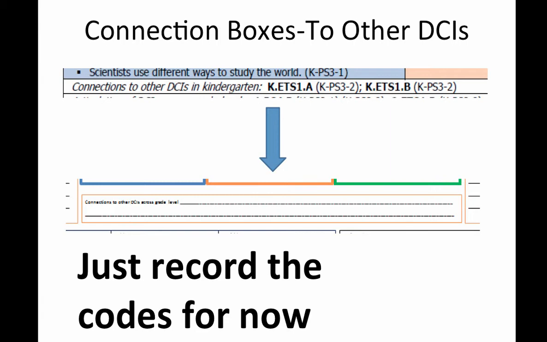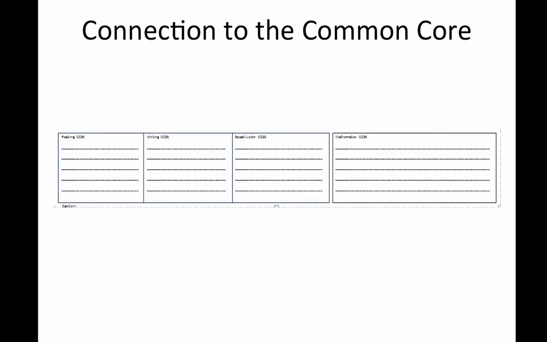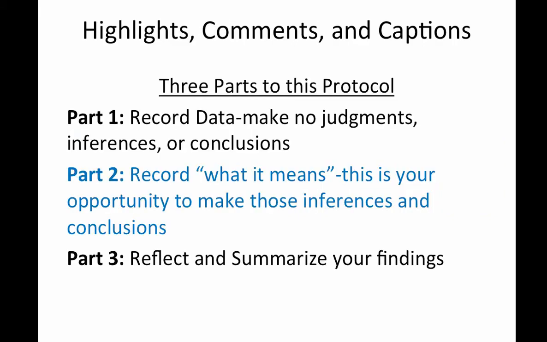At the bottom you're going to do the DCIs, and again you don't want to write down all of those connections, just the ones that connect to your specific performance expectation. You have to scrutinize this a little bit. Then here is the connection to the Common Core, as mentioned earlier.